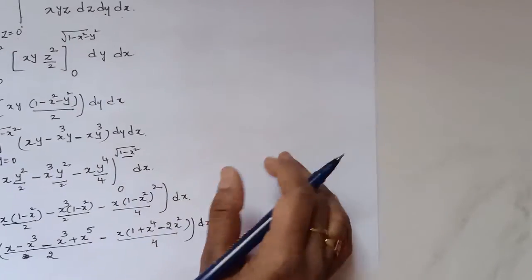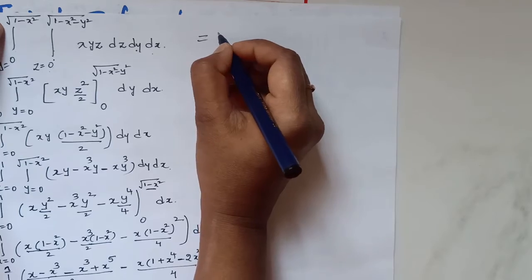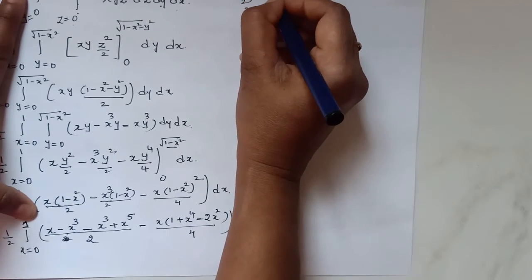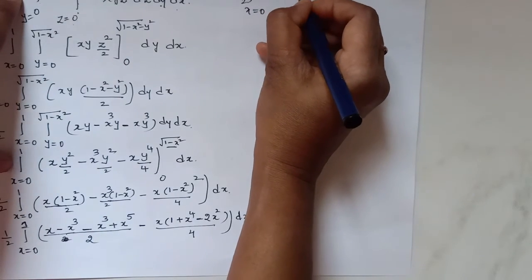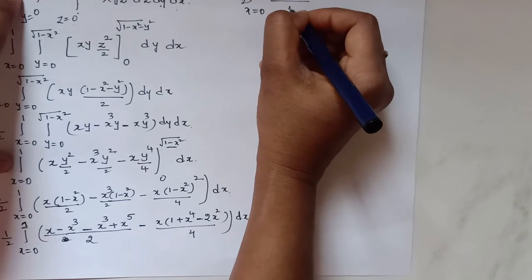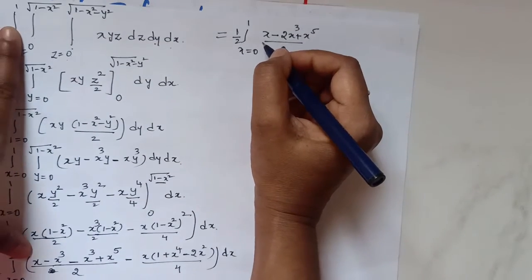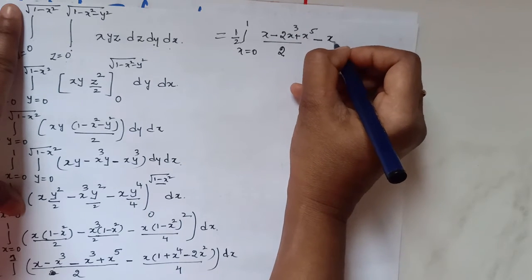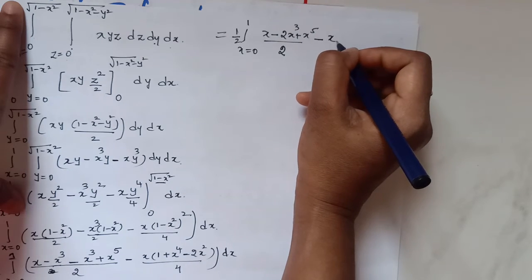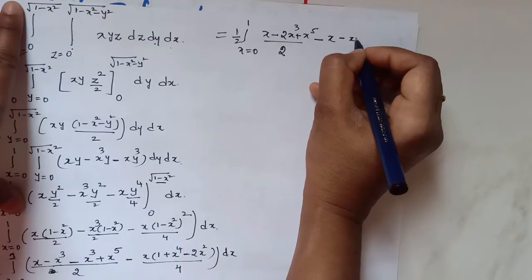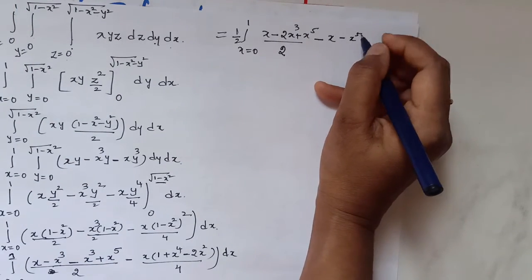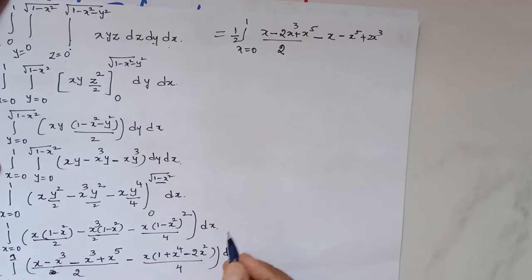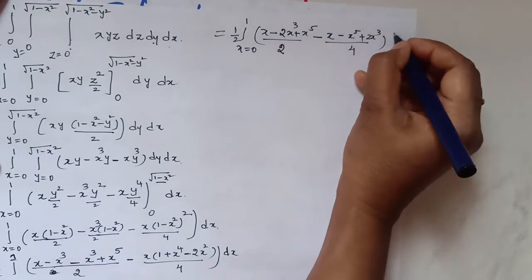Okay, yes. Now this is equal to 1 by 2 integral x is equal to 0 to 1, x minus x cube minus 2x cube plus x power 5 by 2, that is x minus 2x cube plus x power 5 by 2, minus, multiply with x: minus x into 1 is minus x, minus x power 5, minus of minus plus 2x cube, x square into x square into x is 2x cube by 4, into dx.